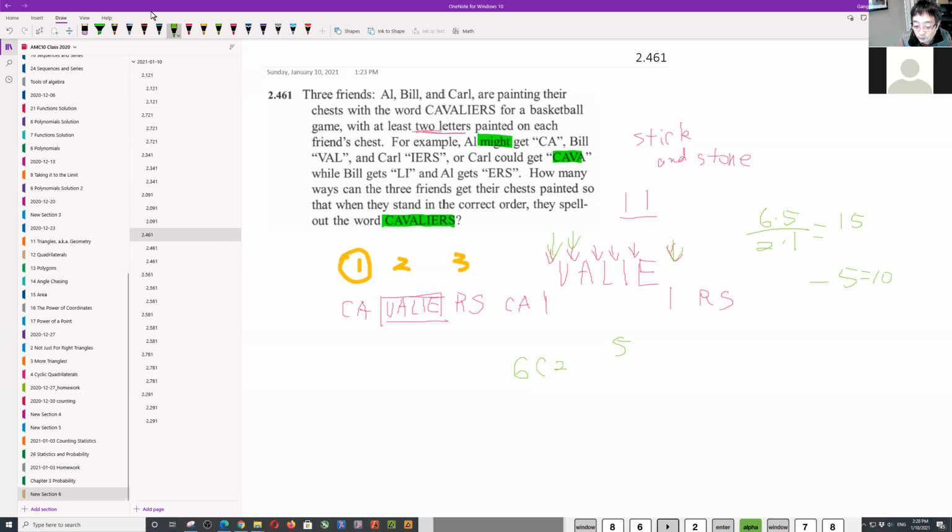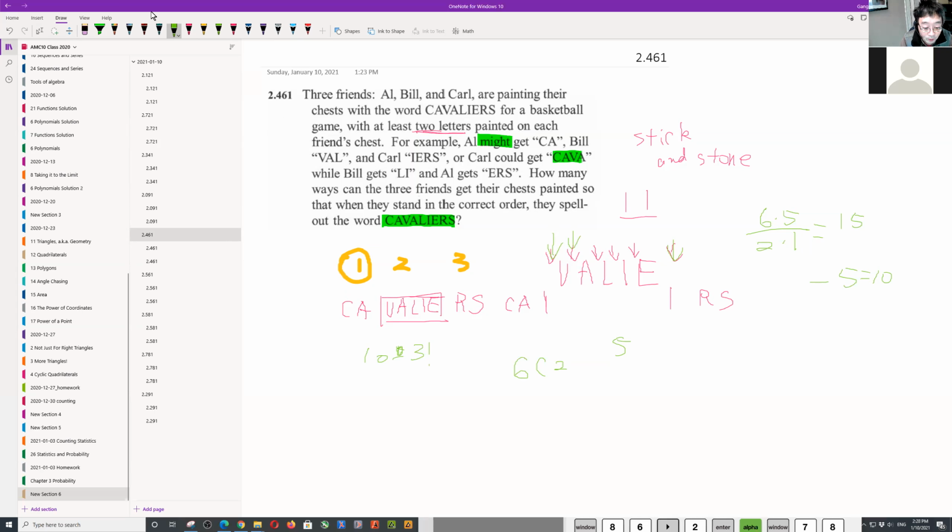So to arrange the middle person and the rest of the arrangement, I have 10 ways to put the dividers. Then we also multiply by 3 factorial, the ways to arrange those 3 friends, Al, Bill, and Carl.